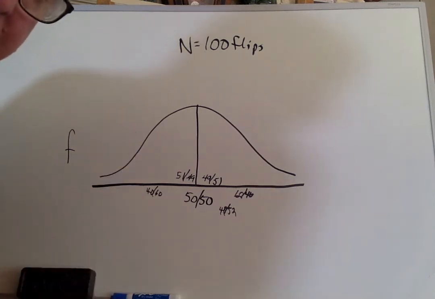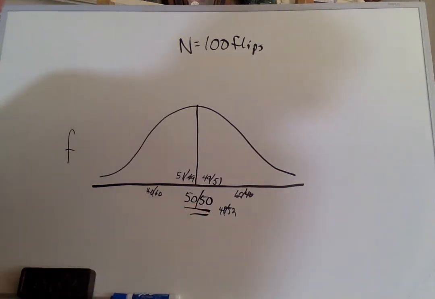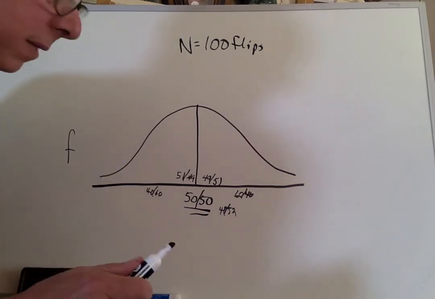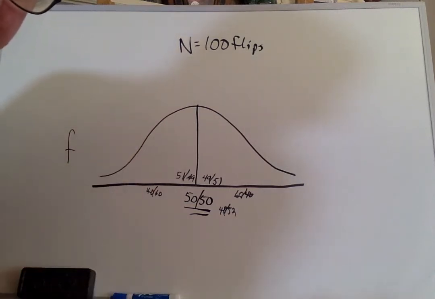And you can figure this out mathematically, but the probability of getting exactly 50 heads and 50 tails when you flip a coin 100 times is less than 8% of the time. But it happens to be the most frequent, that is, the modal outcome when you have a fair coin, okay?